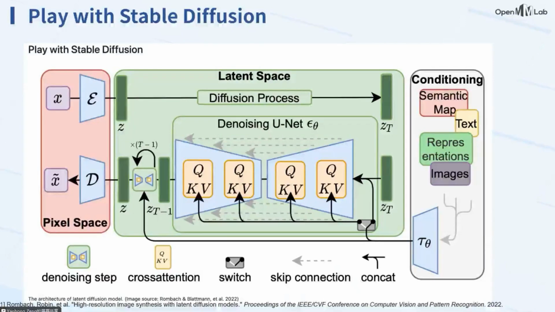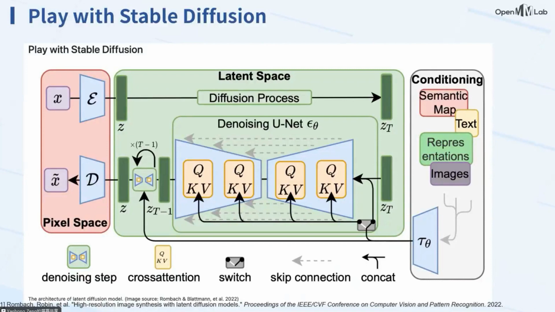There is a VAE model in the pixel space, which is used for image encoding and decoding. By encoding images from pixel space into latent space, it can significantly save computation cost. And then the second part is the green part, which denotes latent space.